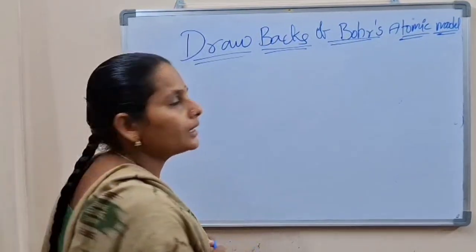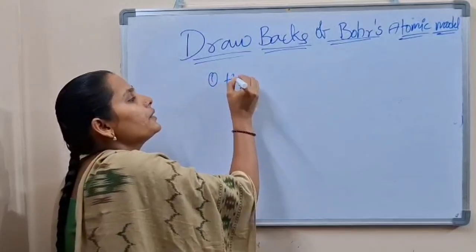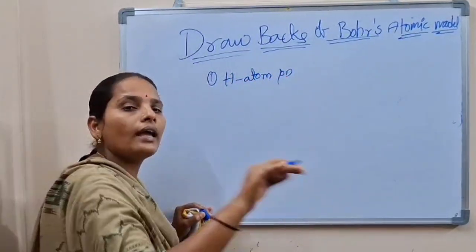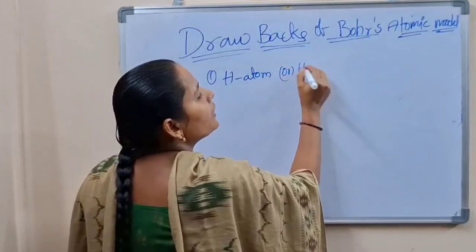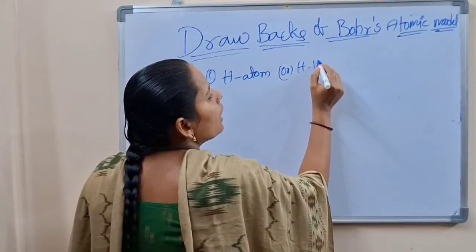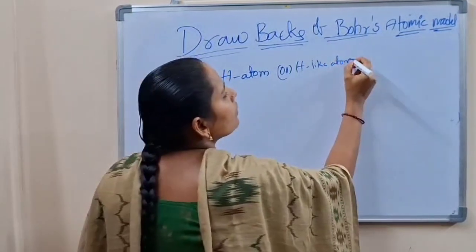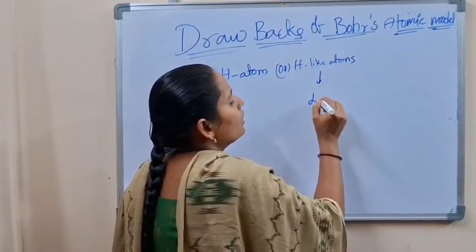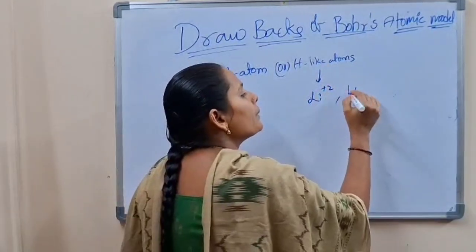In the first point, he is explaining the hydrogen atom or hydrogen-like atoms. For example, lithium plus 2, helium plus.